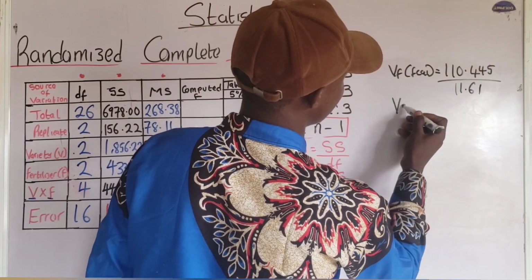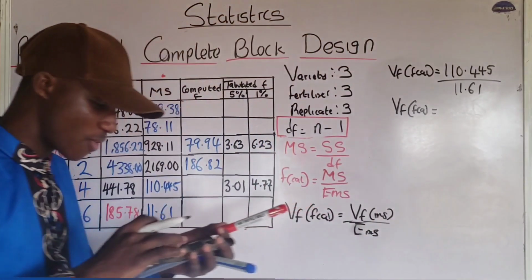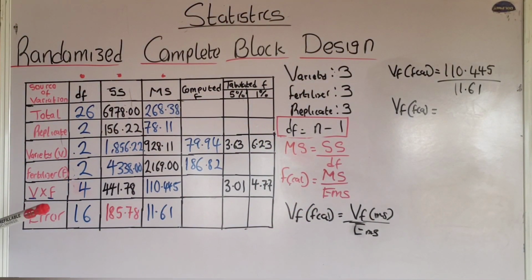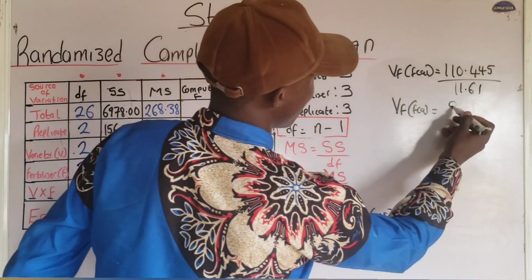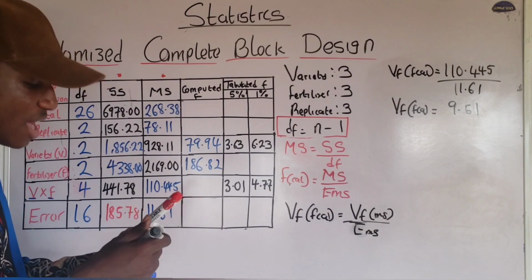So 110.445 divided by 11.61 will give us 9.51. So the value for these cells will be 9.51.